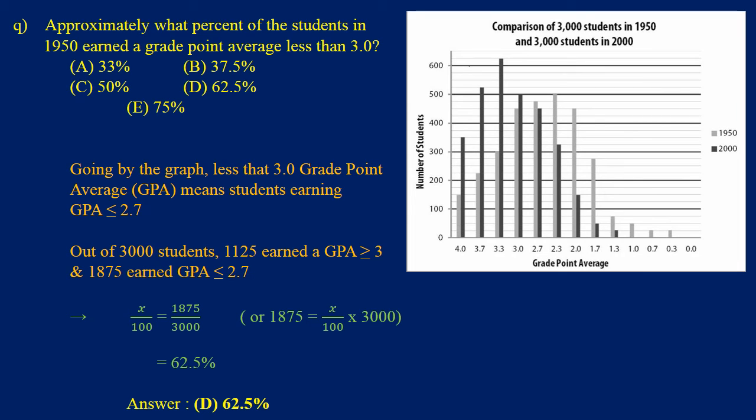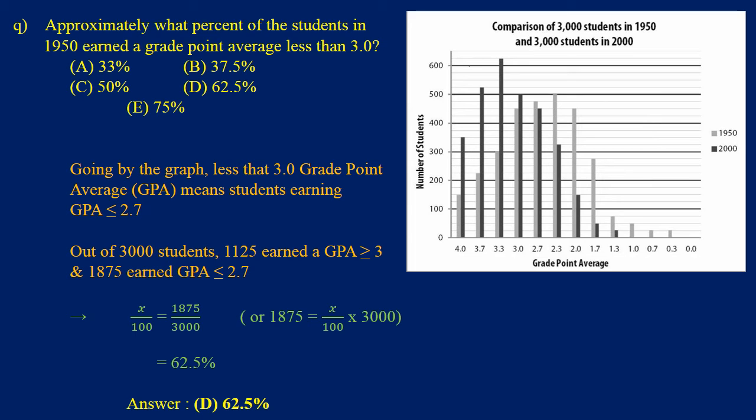This graph is a comparison of 3,000 students in 1950 with 3,000 students in the year 2000. Now the data is represented by bars, and what we have is the number of students on the vertical side of the graph, and grade point average or GPA on the horizontal side.